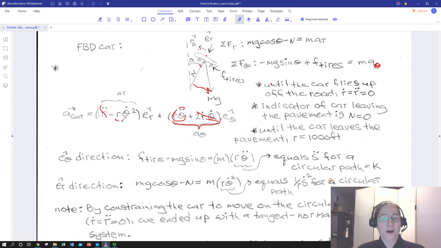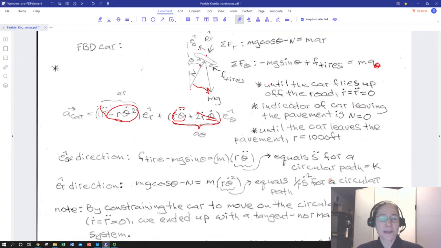So my a sub r just becomes negative r theta dot squared, and my a theta is just r theta double dot. So I'm going to insert those in my force resultant expressions, my Newton's second law.